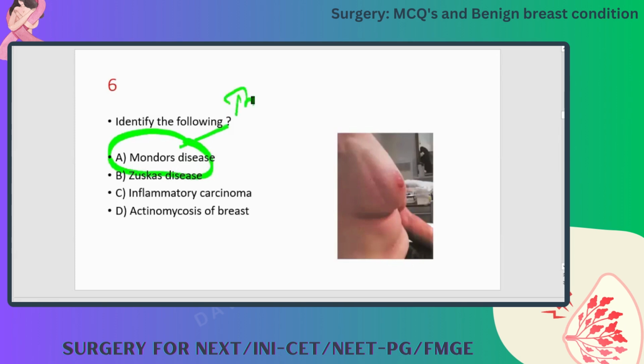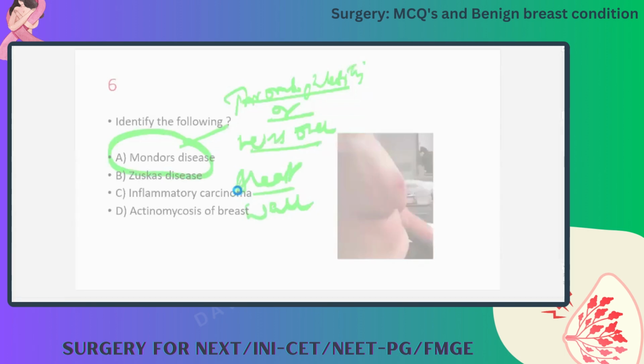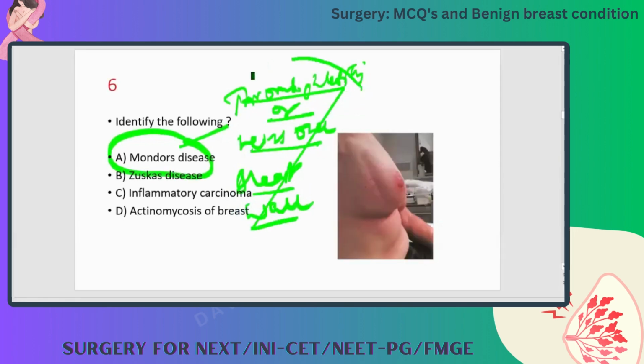It is thrombophlebitis of veins over the breast wall. So this is known as thrombophlebitis of veins, Mondor's disease. You can see it here.